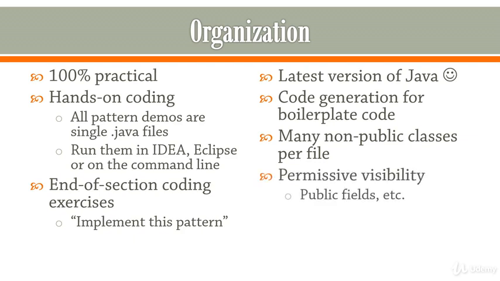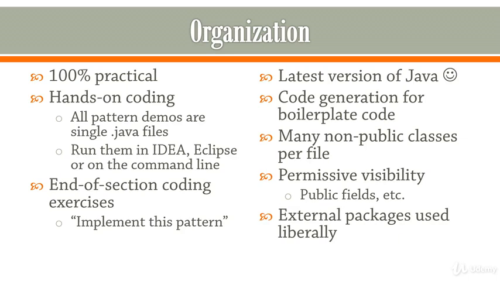I'm also going to have a permissive approach to visibility, so sometimes I'm going to leave things public that otherwise wouldn't have been, and this is once again to avoid wasting your time with the extensive generation of getters and setters and whatnot. And finally, I'm going to make liberal use of external packages. So whatever library I need, I'm going to download it and use it and show you how to use it in the context of a particular pattern.